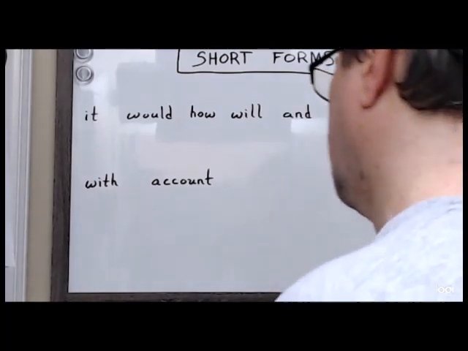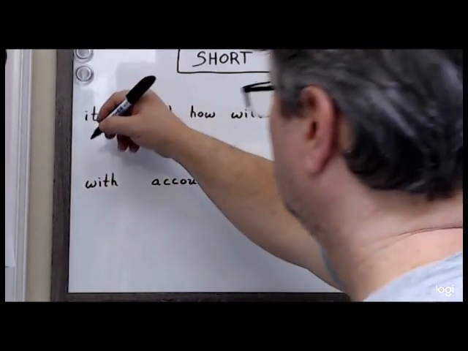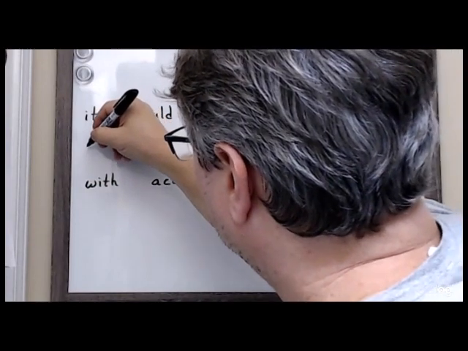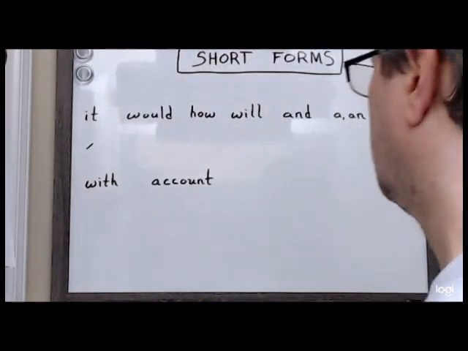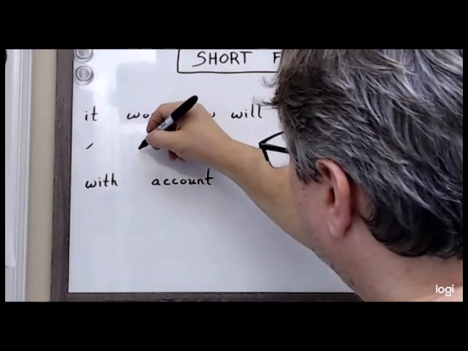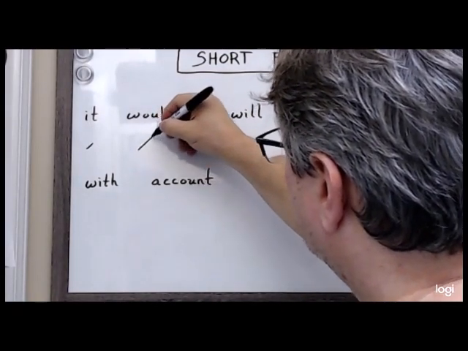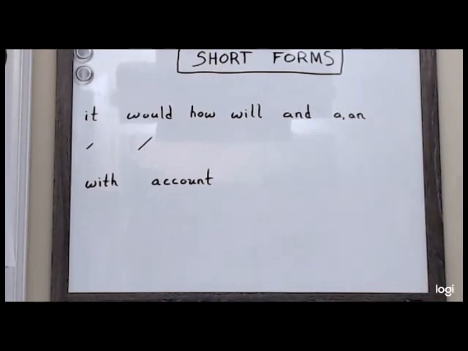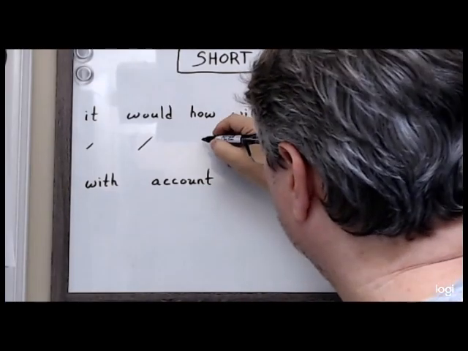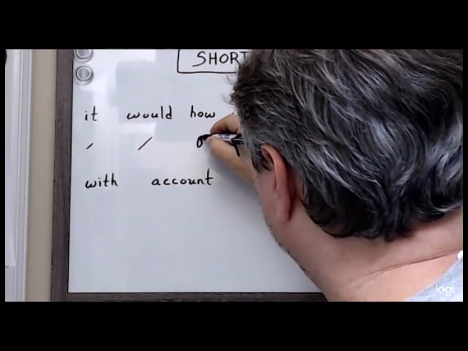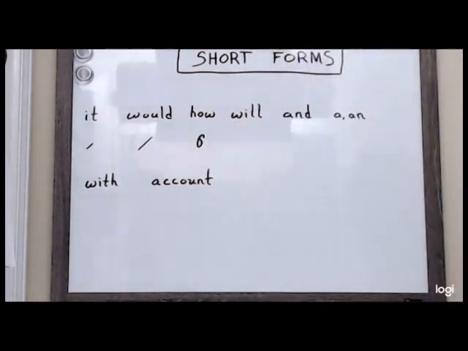So for the word it, represented by the letter T, would, represented by the letter D, the word how, represented by the 2 letters or sounds A and U. The H is left off.